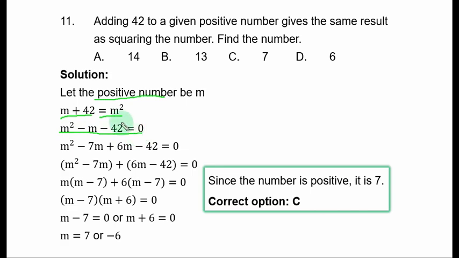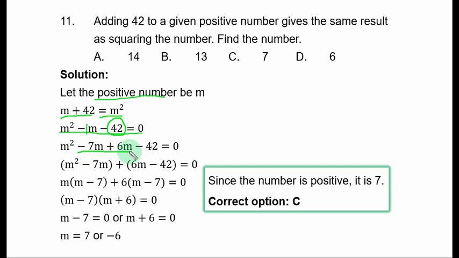To factorize, look for two factors of 42 whose sum is minus 1, the coefficient of m, and the product is minus 42. Such factors are minus 7 plus 6.